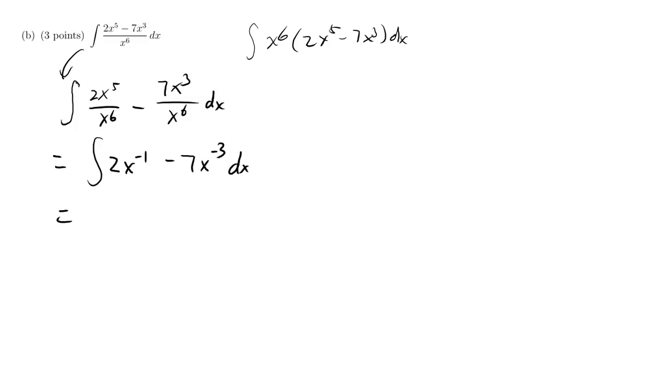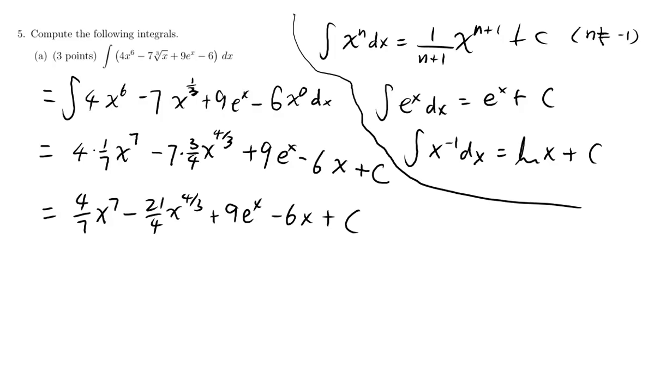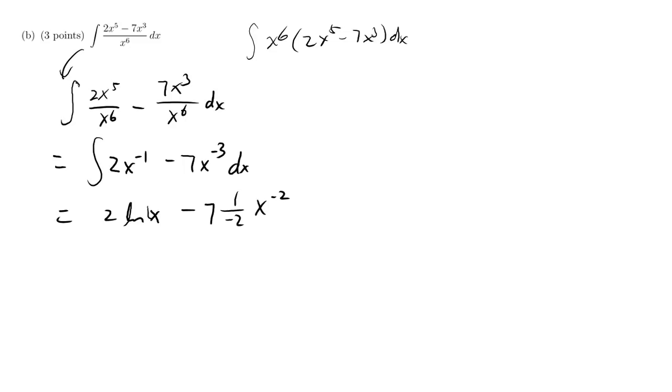Remember, x to the -1 integrates to what? It integrates to log. And what does this one integrate to? If you add 1, that's -2, and put the reciprocal, it's -1 over -2. Oh, there's one slight thing that I may not have clearly written down. For some reason, this formula here should be written as log of absolute value of x, and this one should also have that.